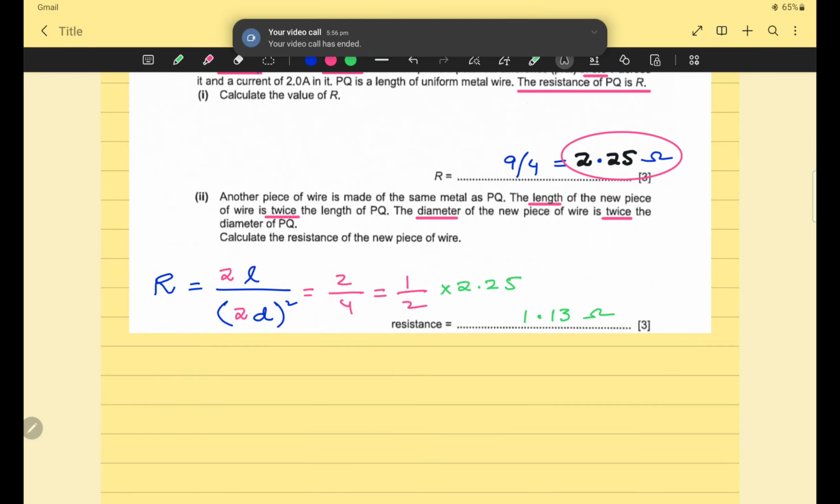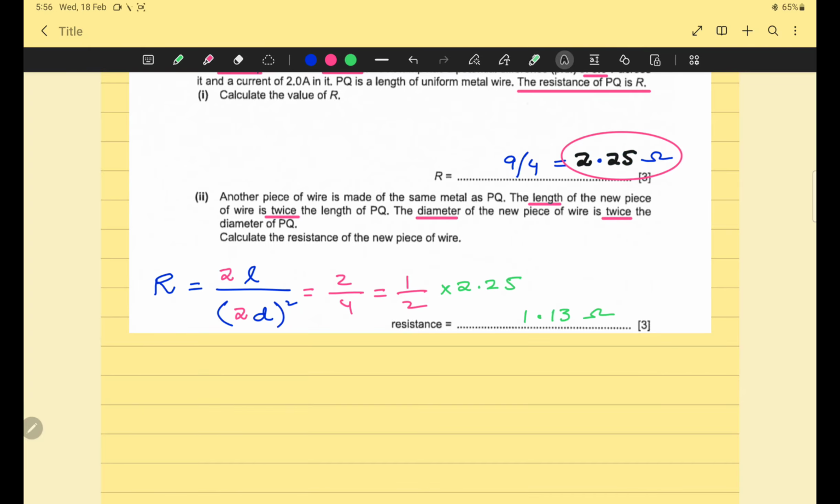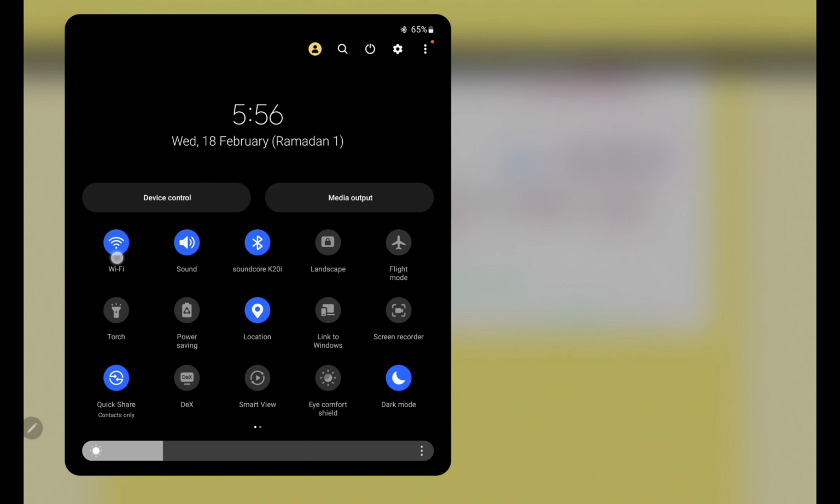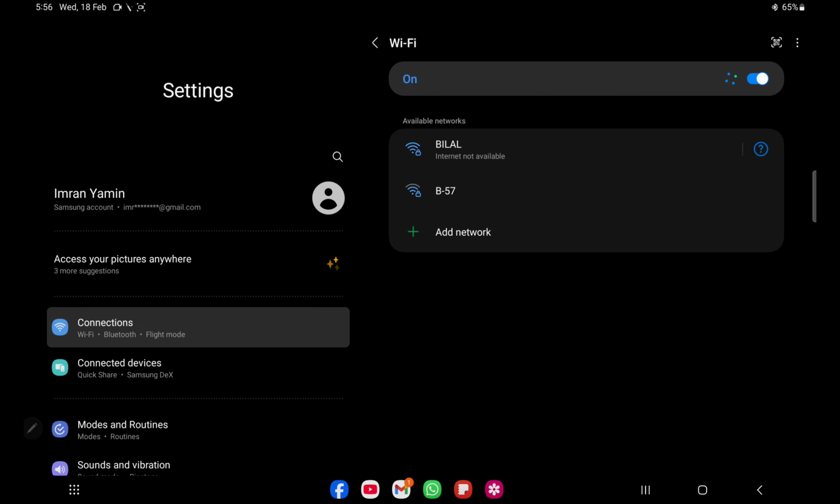The calculated resistance. Oh my god, my meeting has ended. My internet is not working. I am waiting for internet connection.